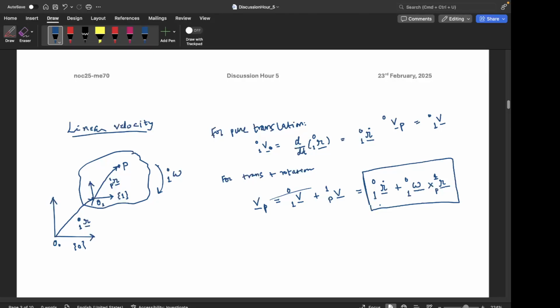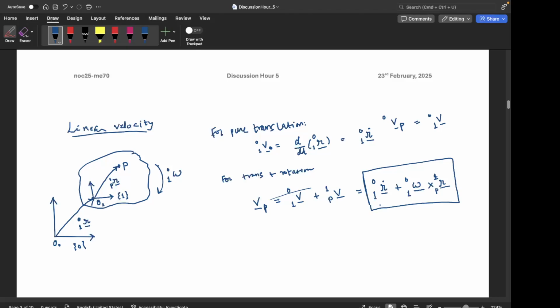So we have the fixed point O, then we have a body, and a frame attached to that body, that point is 1, and then we have the point of interest, our point P. Now point P is fixed, it's not changing its position with respect to frame 1, in the sense that if I sit on frame 1, then I do not see P moving away from me.